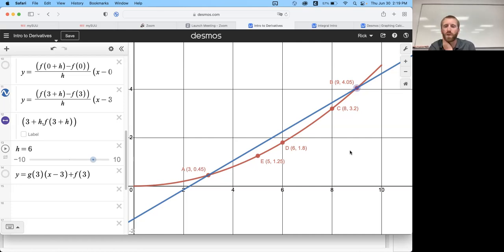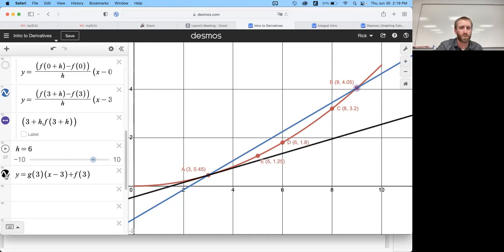But that is not the same as the slope of this curve exactly at this point A. At that point A, it would actually be this slope. As you can see, it matches up quite nicely with the way that this thing is curving at the point A, this black line. And so the question is, well, how can I make this blue line a better approximation of my black line?